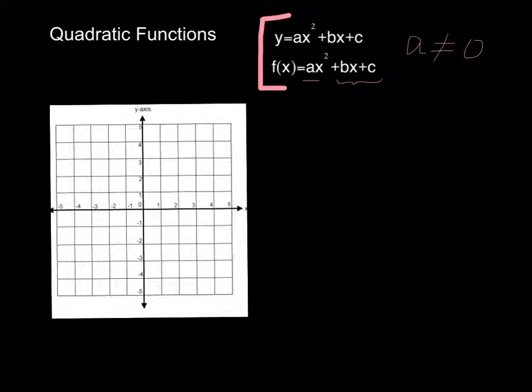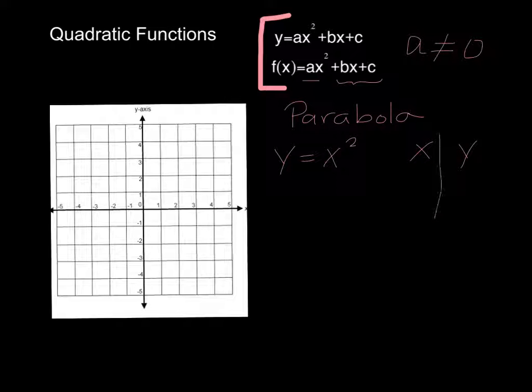What we know about quadratics is that the graph of a quadratic is a parabola. And to see what the most basic quadratic looks like, we're going to actually graph y equals x squared. So I'm going to make an xy chart, and I'm going to choose some values for x and solve for y.